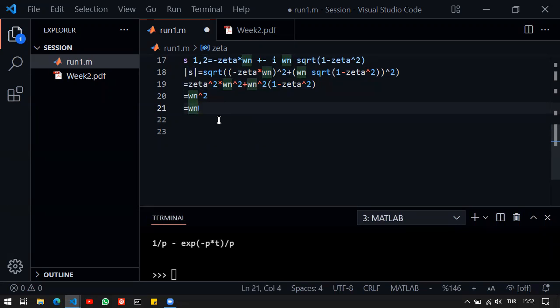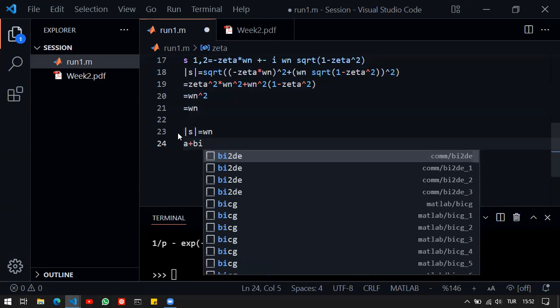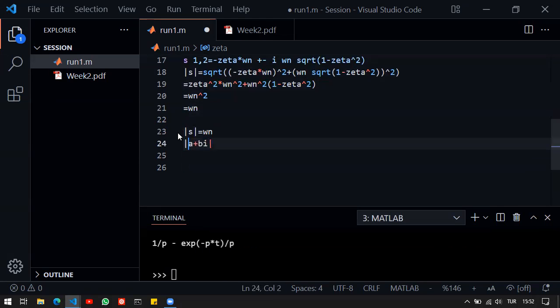So if we're on the s domain, the x-axis is the real part, and then the y-axis is the imaginary part. Then, if you have the absolute value of s equal to omega n, what would that look like? Because this has a special geometric interpretation. For a plus bi, and the absolute value of this, we would get the following.